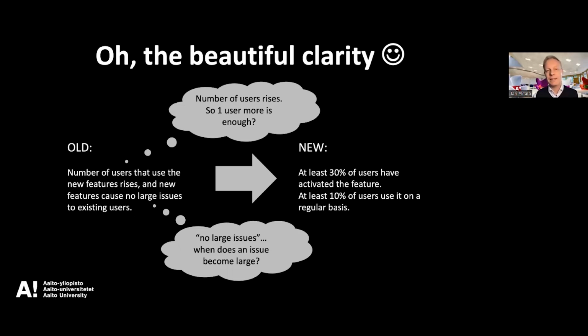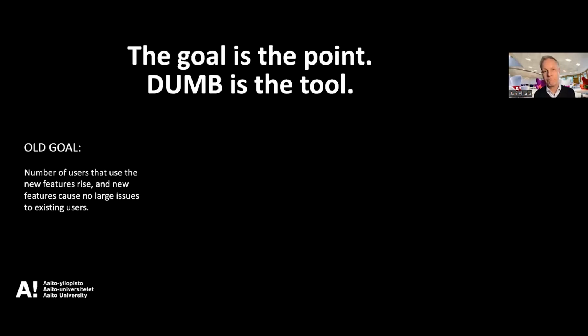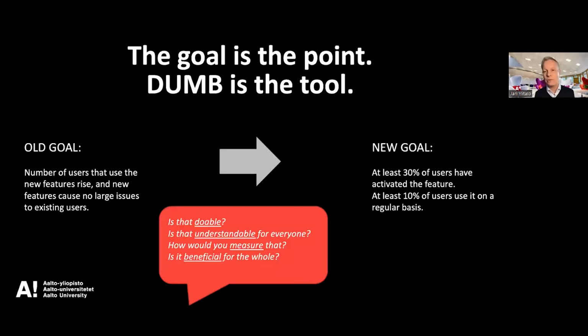Sometimes we have quite vague or loose goal descriptions that can be interpreted in many ways, so they are not very precise. And here it was also mentioned that the goal is the point and dump is just a tool to fine-tune and make the goal better.